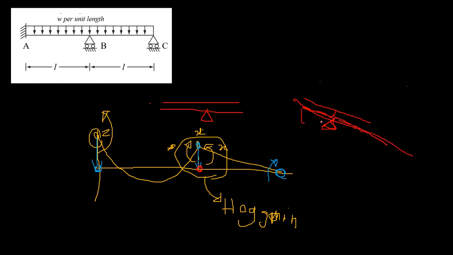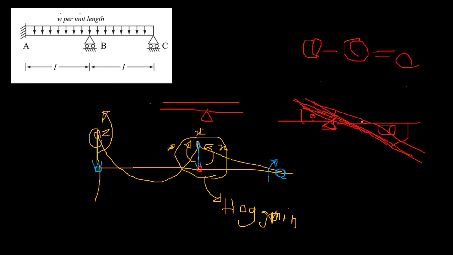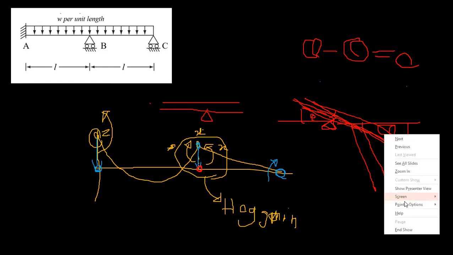So if it is theta, this is also theta, right? So the relative rotation compared to this part, this part has rotated how much? Compared to this part it is also in line, the same line. So the relative rotation is theta minus theta equals 0.